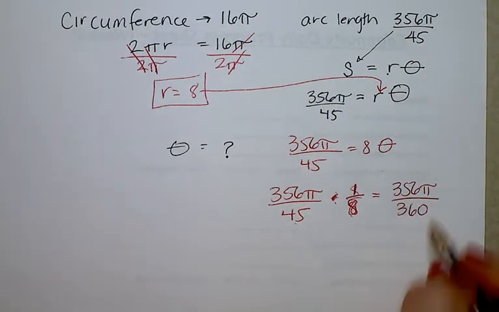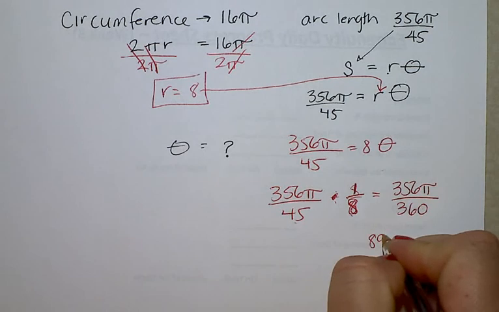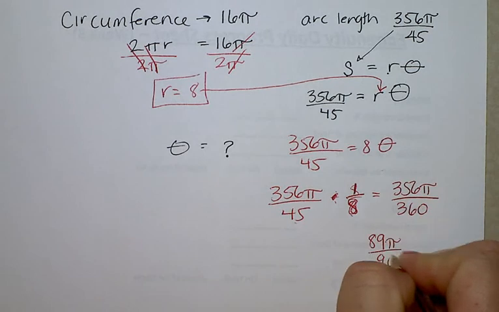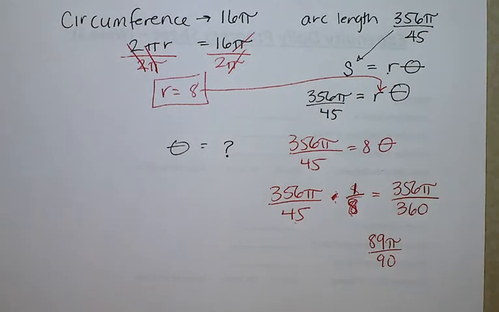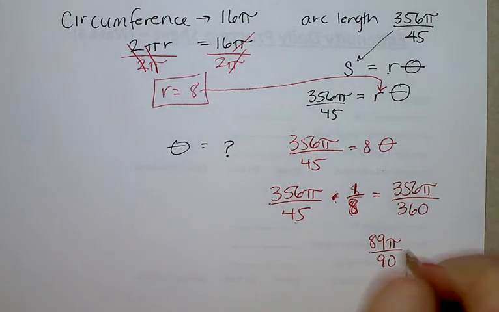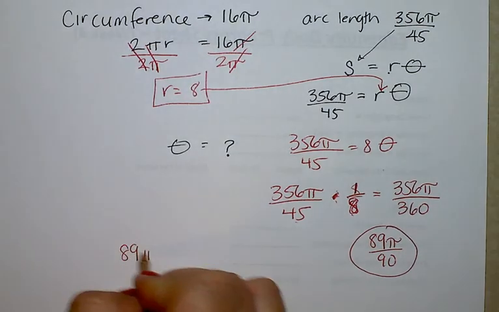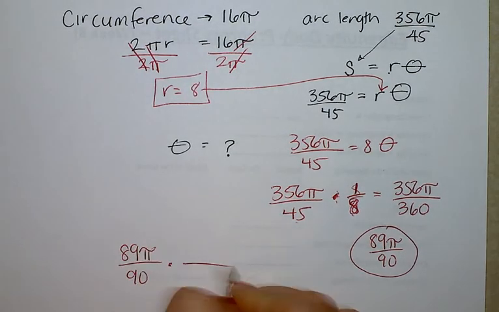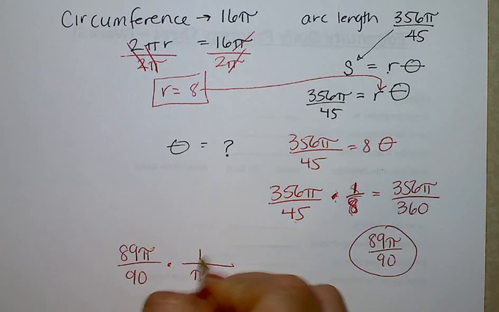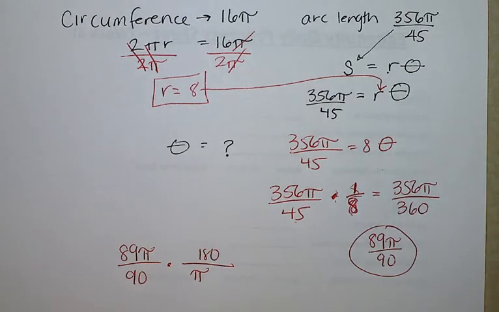And I can reduce this down to 89 pi over 90, but this would still be wrong because the final part of this question said, what is the central angle in terms of degrees? So now I need to convert this into degrees. To do that, pi's on top, pi goes on bottom. The pi's cancel. Take 89 times 180, and divide by 90.